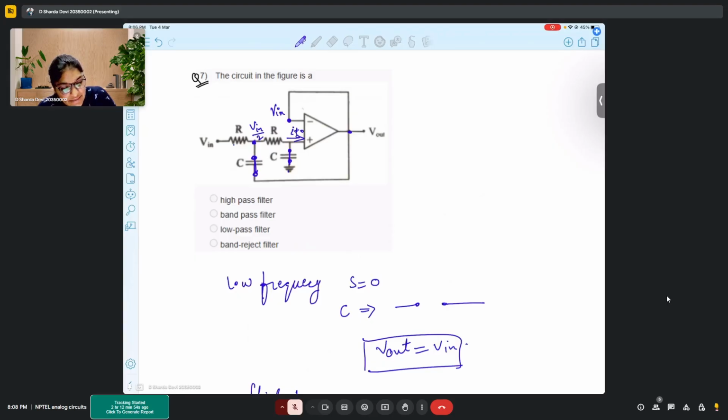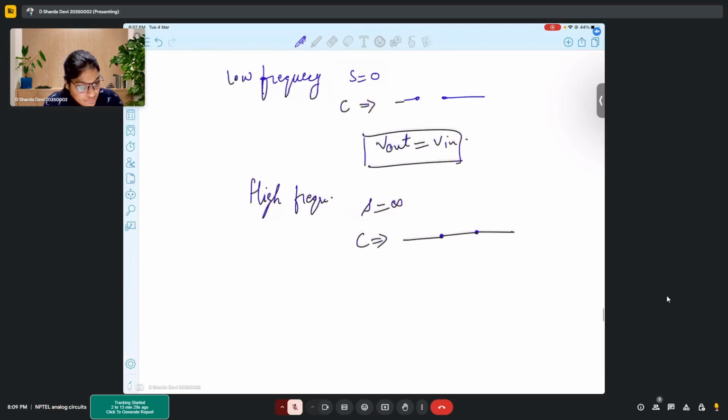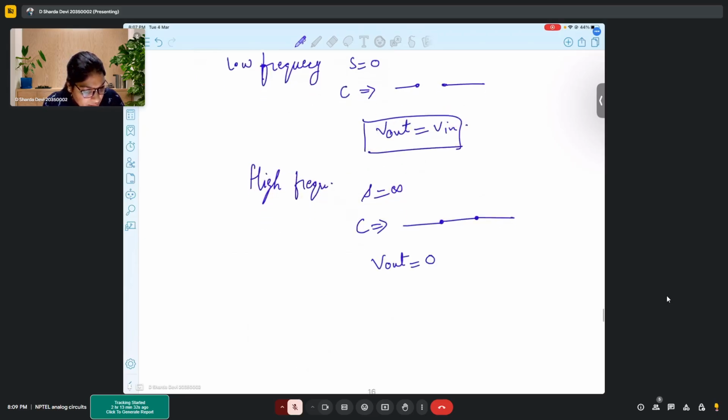And that is being fed here, and here it is 0. So we can clearly see that at this point your output is 0. And through the virtual ground or virtual short concept, this point is also connected to ground. Here it is 0, here it is also 0. So Vout becomes 0.